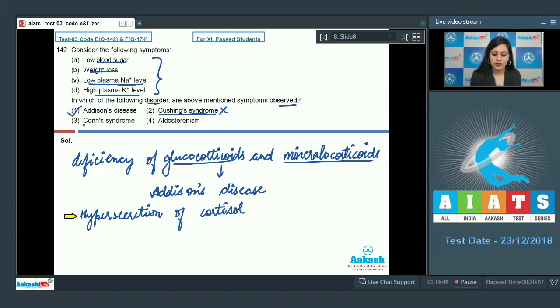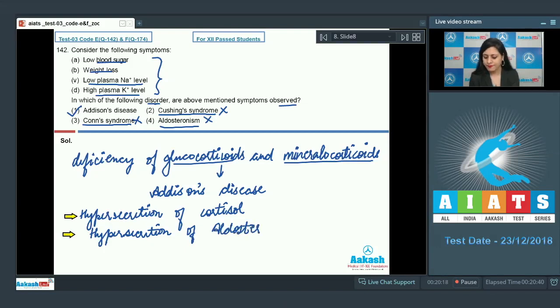The next option is Conn syndrome, also known as aldosteronism, and this is incorrect because it is caused due to the hypersecretion of aldosterone. So the correct answer for this question is option number 1. Let's discuss our next question.